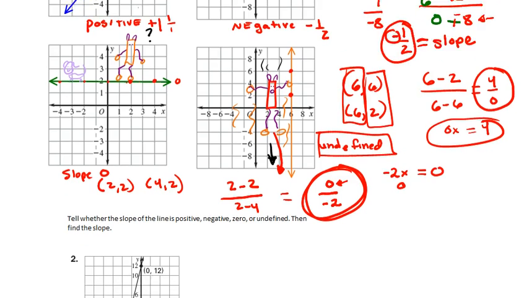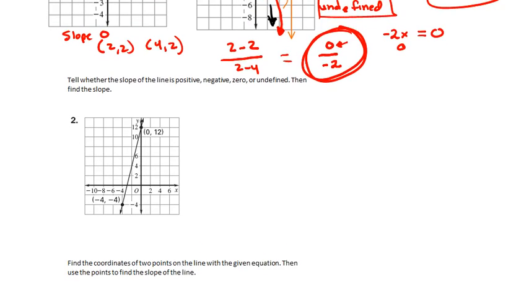Now let's apply what we've learned. Tell whether the slope of the line is positive, negative, 0, or undefined, and then find the slope. Well, notice that my line is going up in a positive direction. So I'm going to assume that it's positive, but let's figure it out. Okay? So we have 2 points.